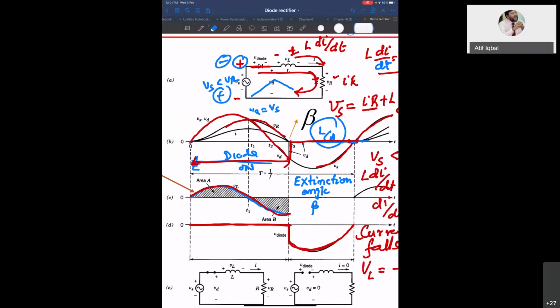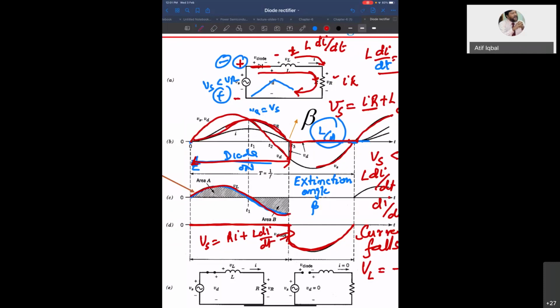Actually, this is governed by the equation that Vs is equal to Ri plus L dI by dt. So you solve this equation using Laplace and then try to see it. Because when there is a current, there is IR. When the current is not there, there is no IR.